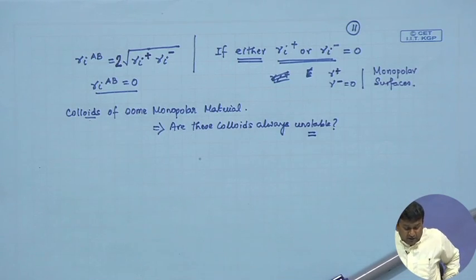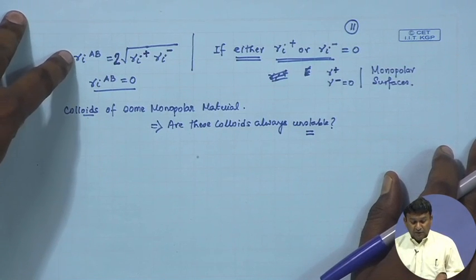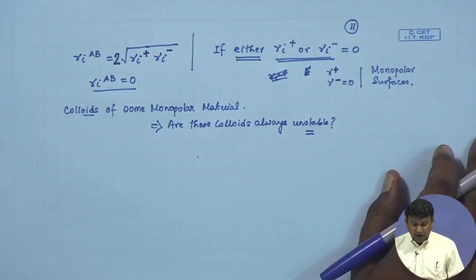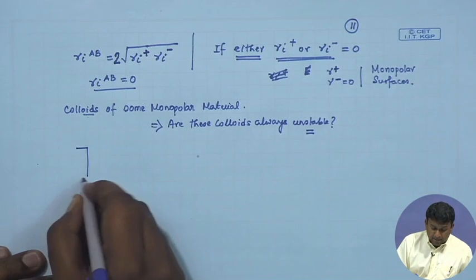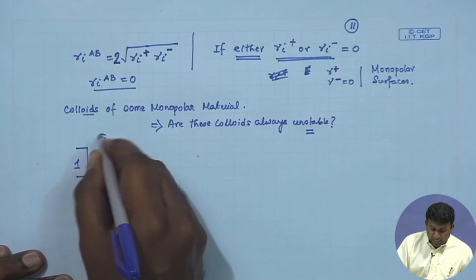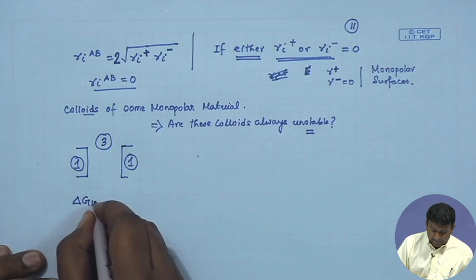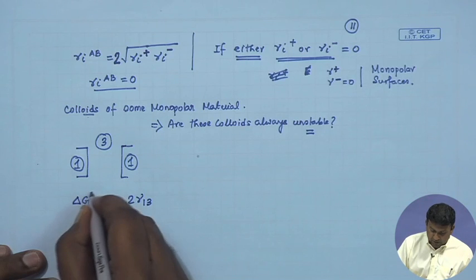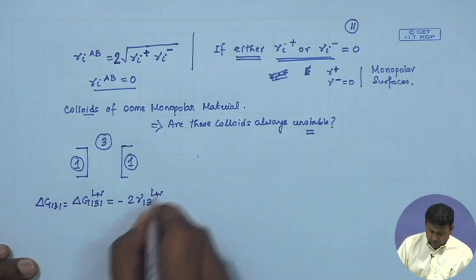We are seeing that if one of the components is 0, then there is no effect of the polar component of surface energy for a specific material, and in this case I am asking, like what we had observed for purely apolar substances, this is what we got.